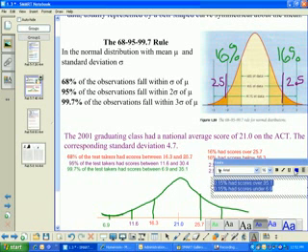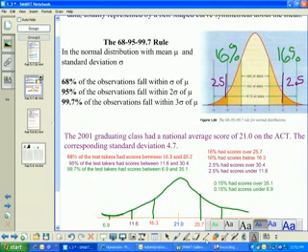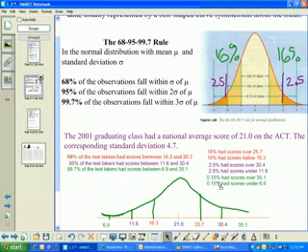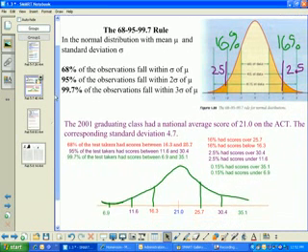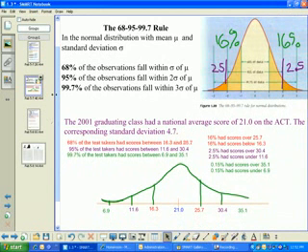High score is a 36, so it'd be logical that not many students get a perfect score. So you can use the 68, 95, 99.7 rule to determine numbers like these.